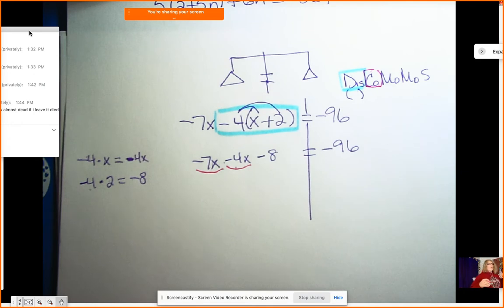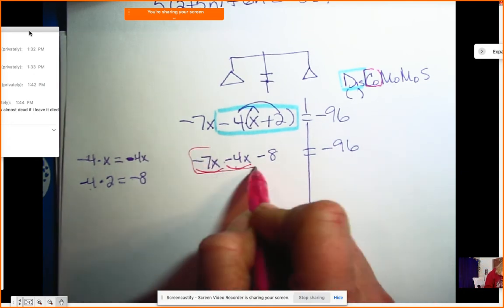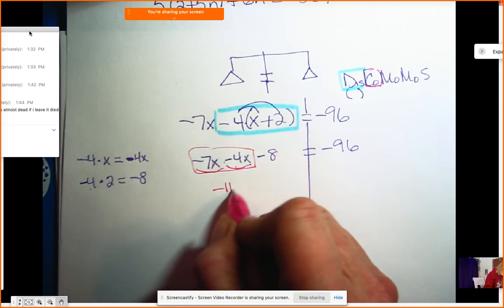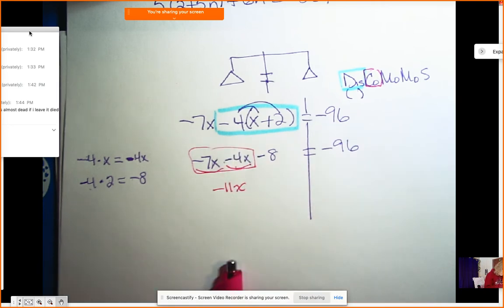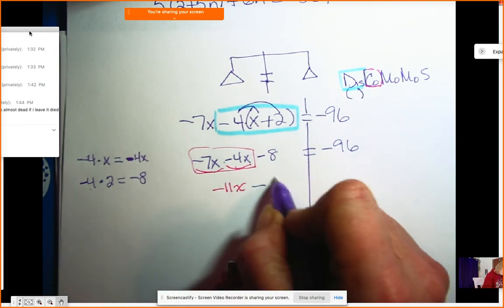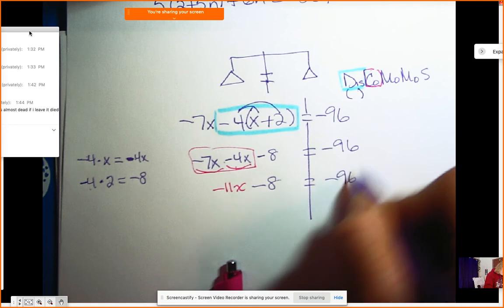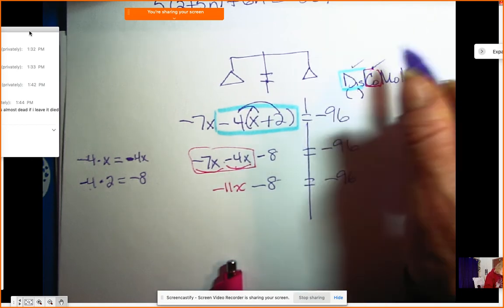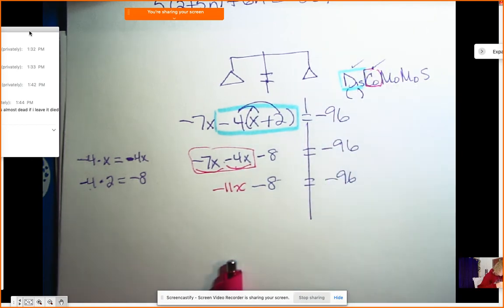So I ask, are they the same sign or are they different signs? These are the same sign. You add, different sign, subtract. Okay, so I get -11x. So now I'm done with the combine. Check, check. I'm moving on to the move.